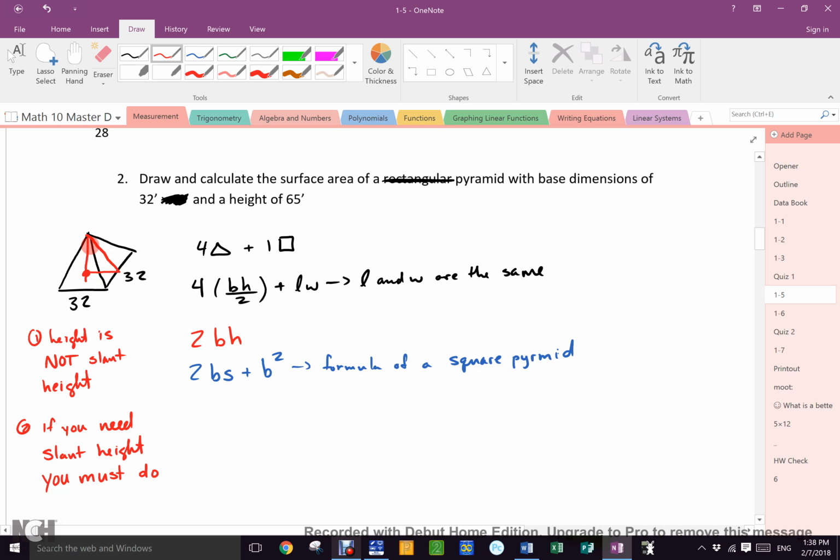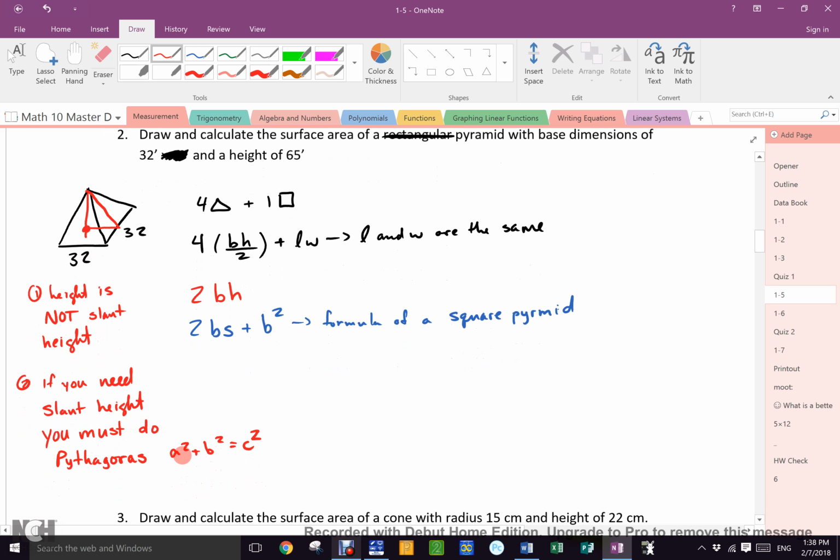What did I just draw? Triangle. What kind of triangle? A right triangle. What can we use to work with right triangles to find the side we don't know? Now you need Pythagoras. Okay? You must do Pythagoras. And Pythagoras is a squared plus b squared equals c squared.